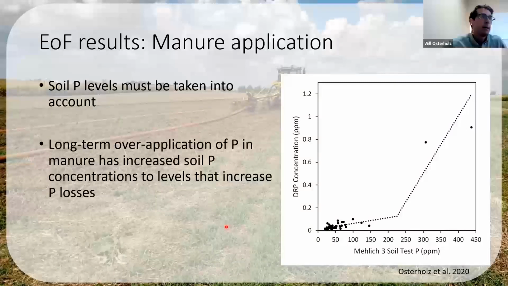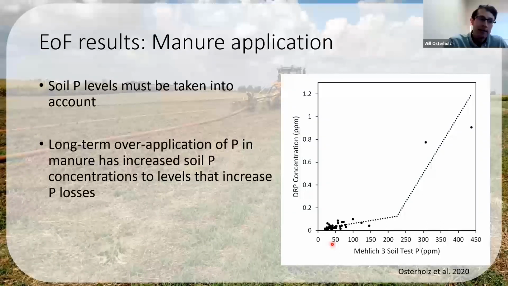And then another point about manure applications: it's not just the immediate effect of manure that's important. We also have to be thinking about the soil phosphorus levels. Like I mentioned in that first study, if we have fields where soil phosphorus levels are elevated, that's largely due to historic manure applications.